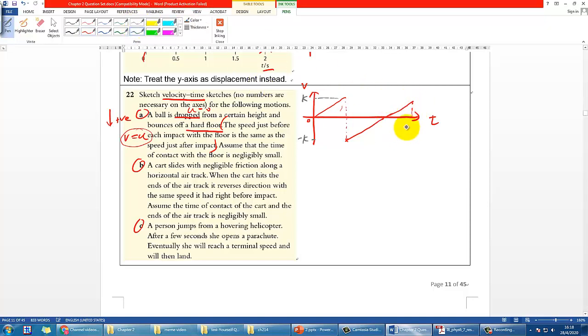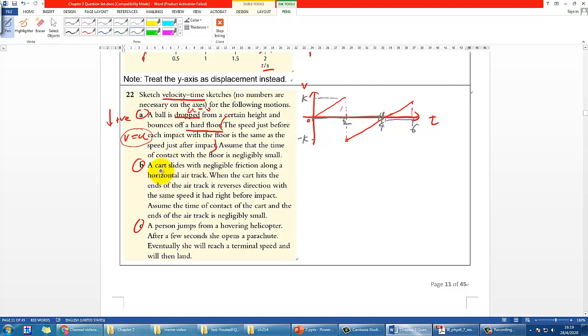Actually I drew a bit too long here. So these 3 segments should have the same time. If I call this 2, 0, 2, 4, 6, that could be an example, or 3, 6, 9 maybe. Okay, so that is for part 1.